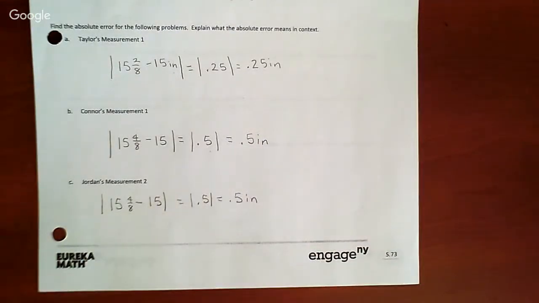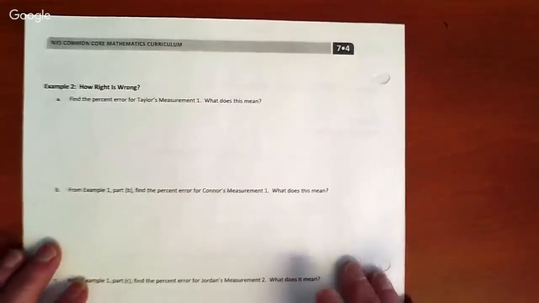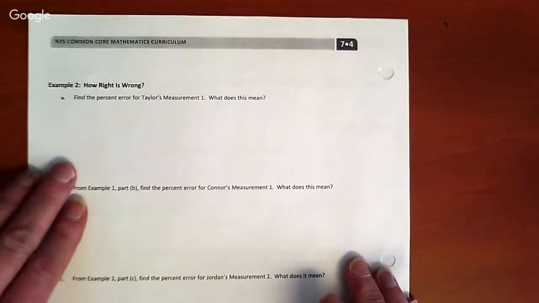Okay, so the next thing that we need to do then is we need to find out how far that would be. So in other words, we're going to find the percent error. In order to do that, we need a formula.